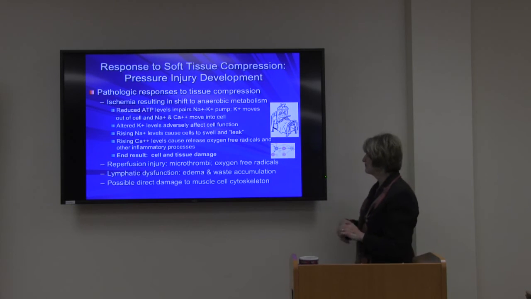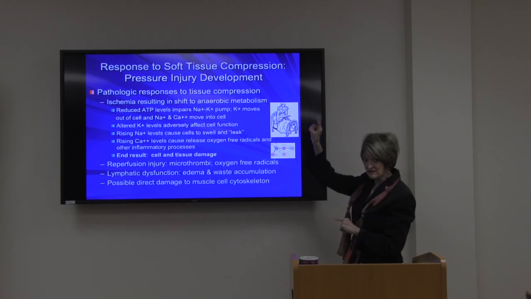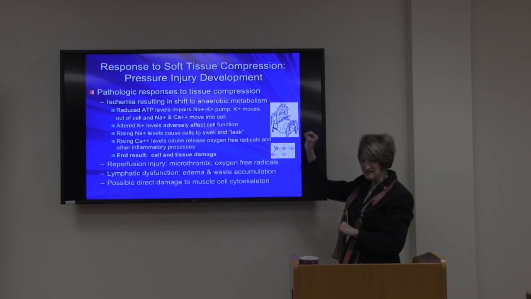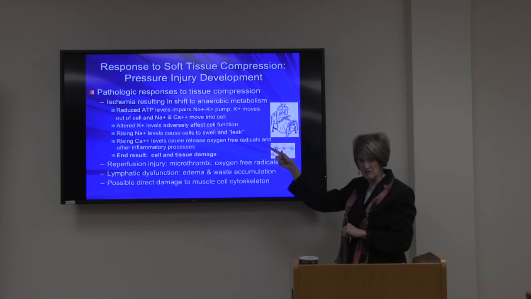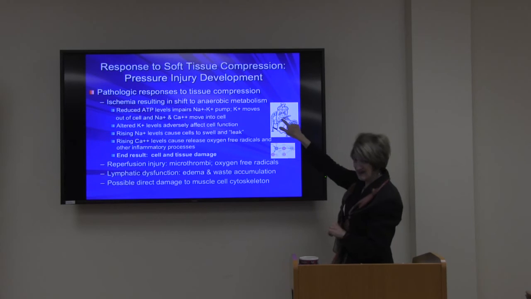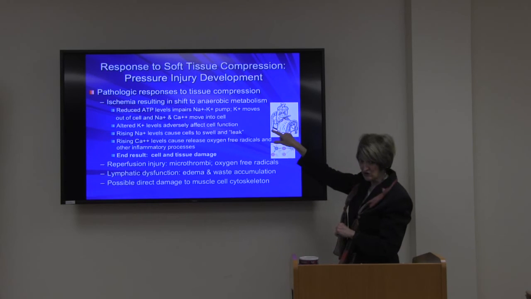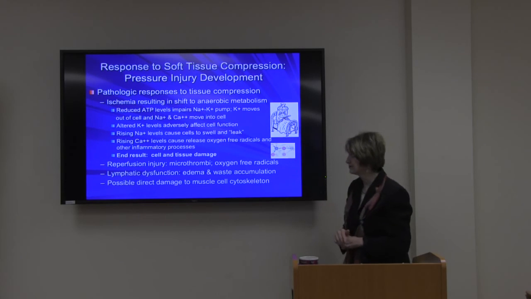Bottom line, as soon as that cell is forced to switch from aerobic to anaerobic metabolism, you set into place a number of microscopic processes that make the cell progressively sicker until it dies.